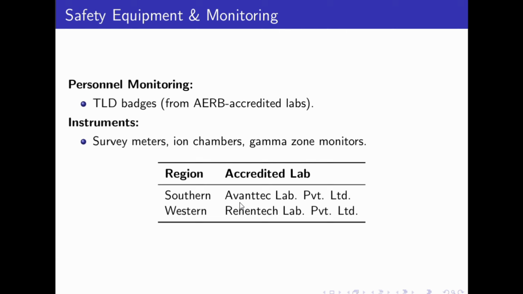In the southern part, Eventech provides the TLD badge, and in the western part, Renentech provides the TLD badge. For the safety of the facility, the institute also needs to buy a survey meter, gamma zone monitors, and dosimetric tools like an ionization chamber and radiation field analyzer for data collection.